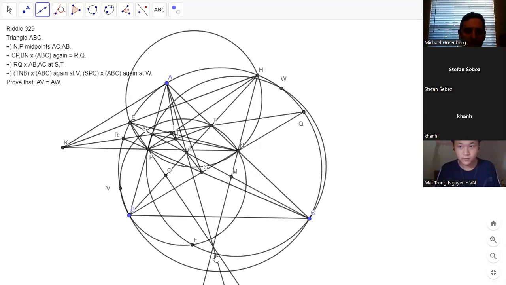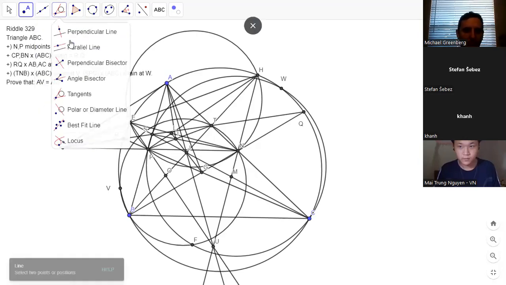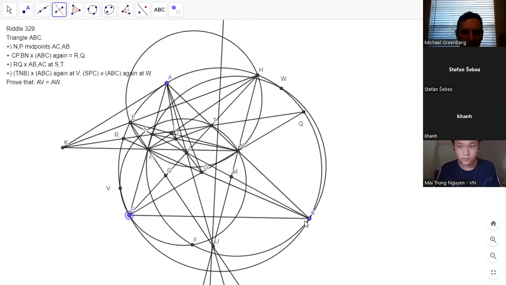I wonder if the point of concurrence here is on the perpendicular bisector of BC. No.